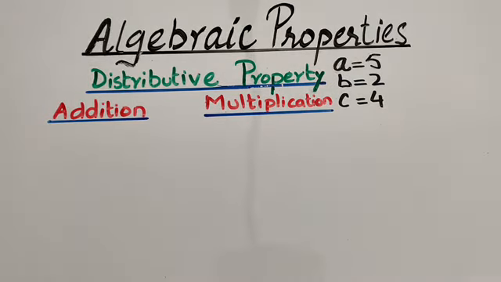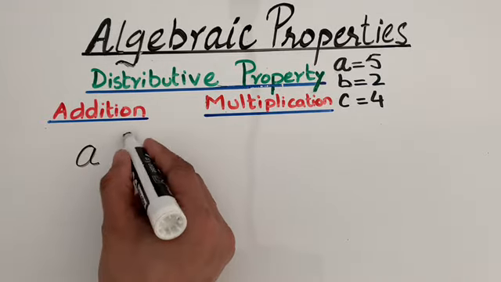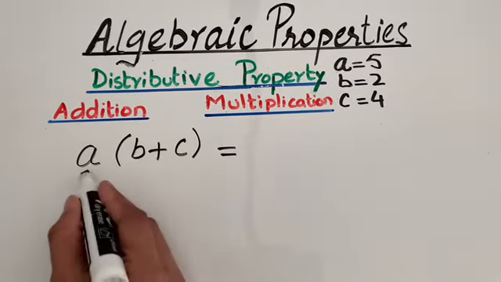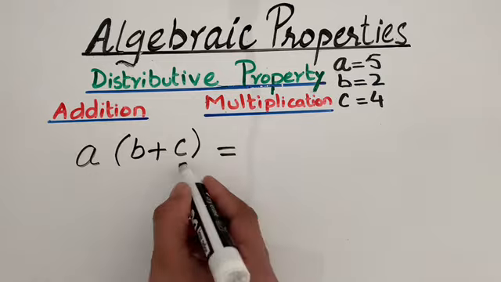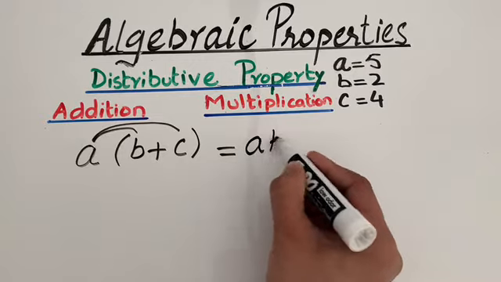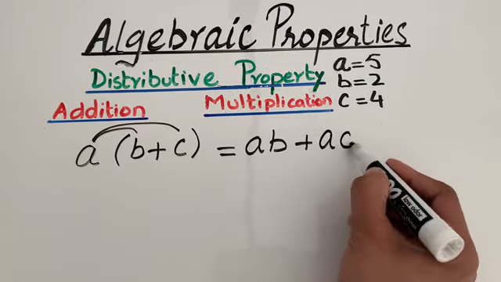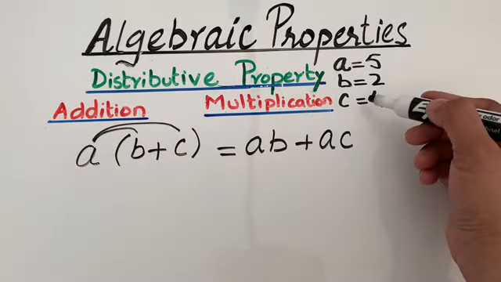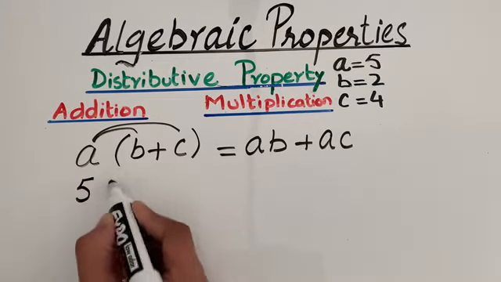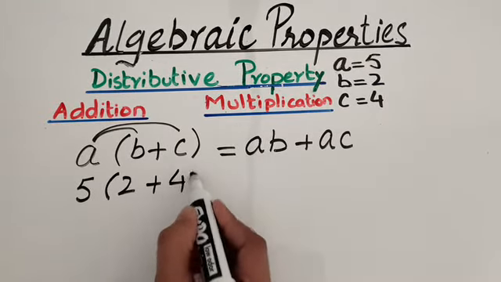The distributive property states that if I have A times the quantity of B plus C, I can rewrite it as A times B plus A times C. Let's substitute the values of A, B and C and see how it works. A is 5, B is 2 and C is 4.